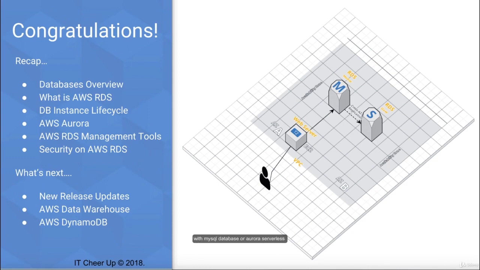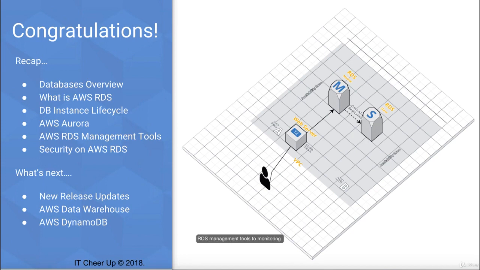We set up a web application with MySQL database or Aurora Serverless database step by step on AWS RDS inside VPC. We simulated multi-AZ failover and read replica on AWS RDS. We used point-in-time recovery and snapshot migration to create a new DB instance from the original DB instance.